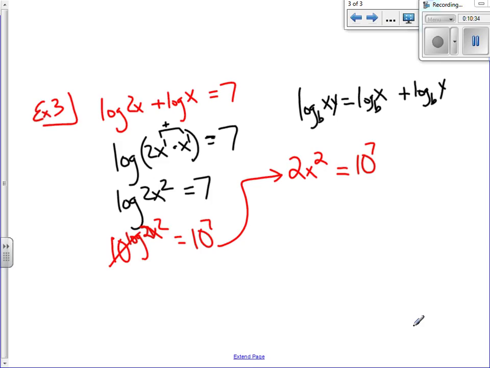When I divide both sides, I do 10 to the 7th, then divide by 2. I get 500,000. No, 5 million. 5 million.